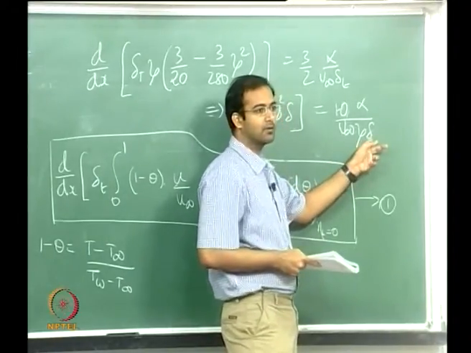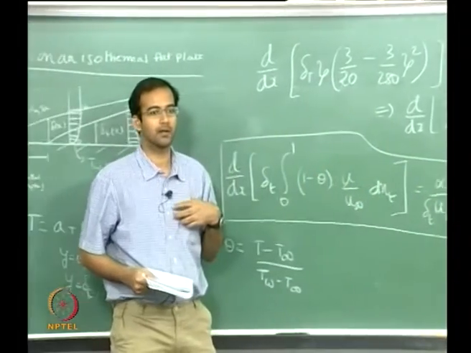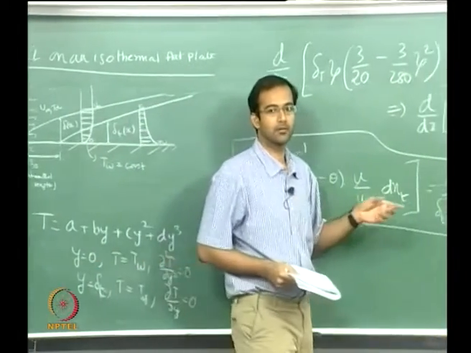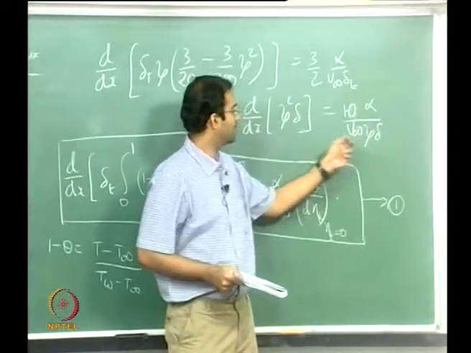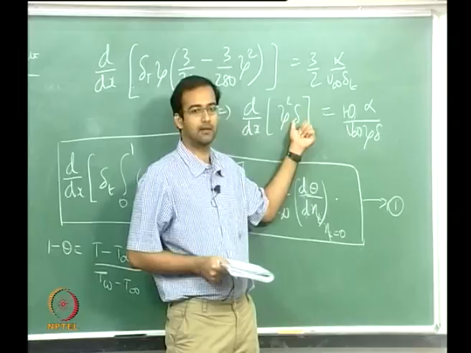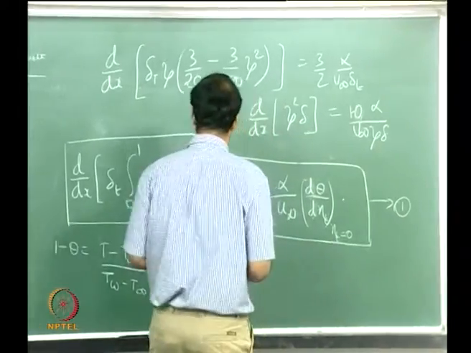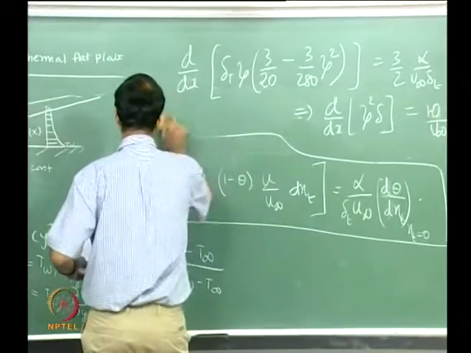I know the expression for delta coming from the solution to the momentum integral equation, which I can substitute into this, and now I will have an ordinary differential equation in terms of the unknown zeta. With that I will be able to calculate my thermal boundary layer thickness.